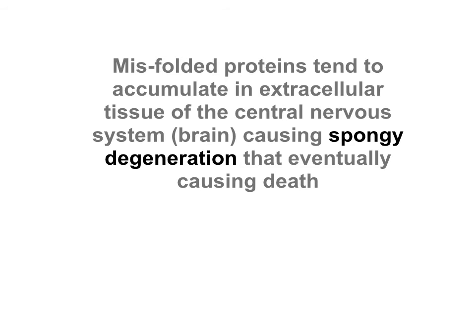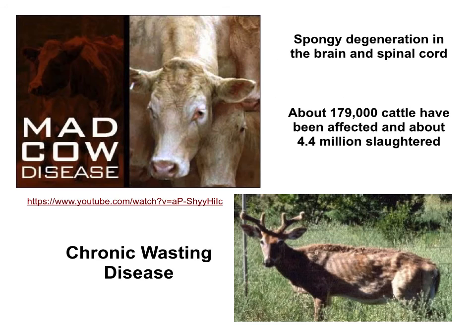Problems arise when these misfolded proteins accumulate in the central nervous system, cause spongy degeneration, and eventually death. Mad cow disease is caused by prions. Here is a link to a video that tells you a little bit about it. Most of you have probably heard of mad cow disease, or read about it, or even seen videos about it.